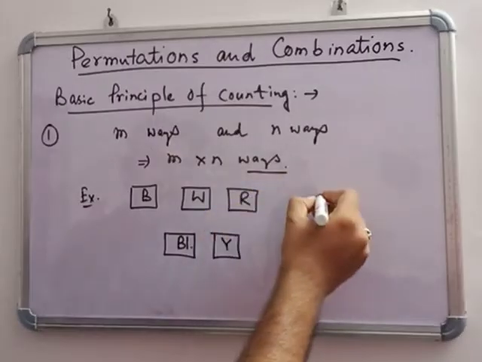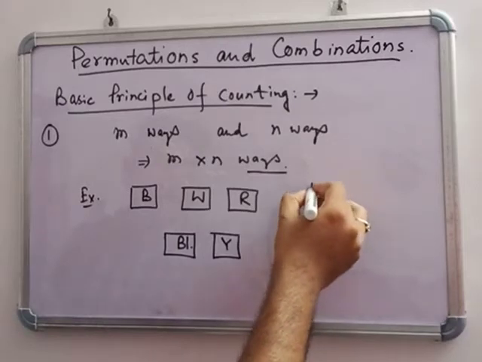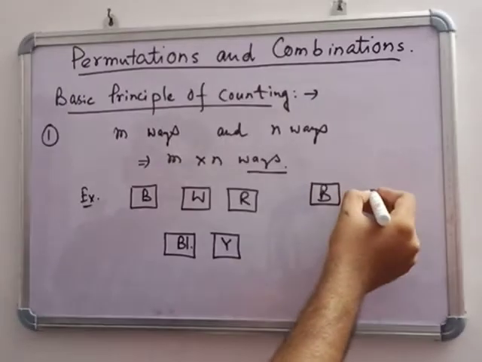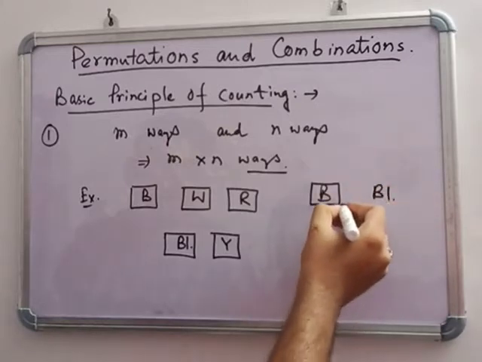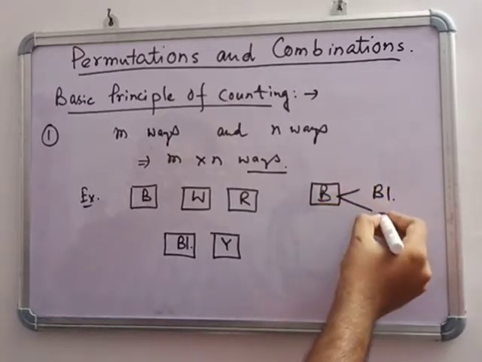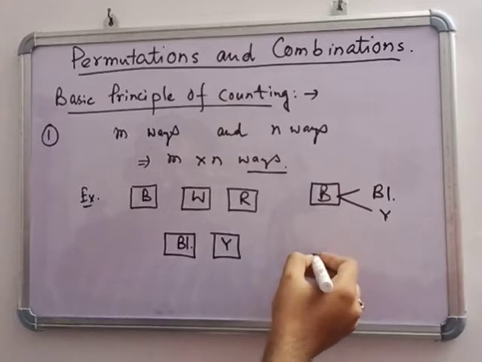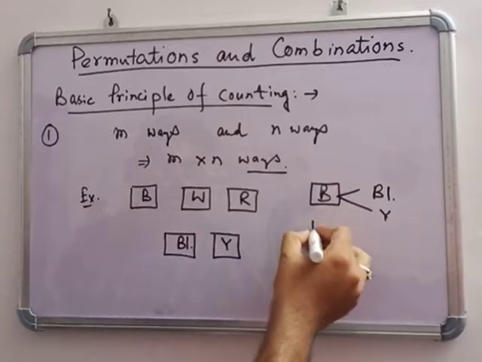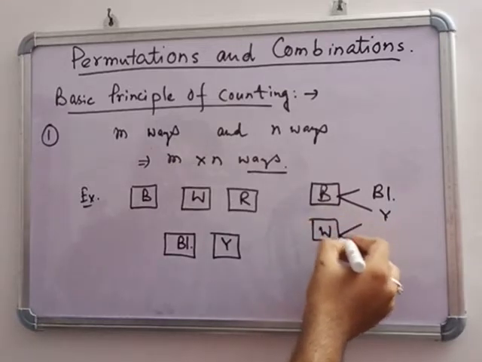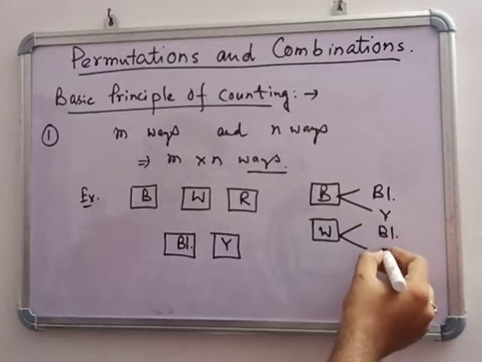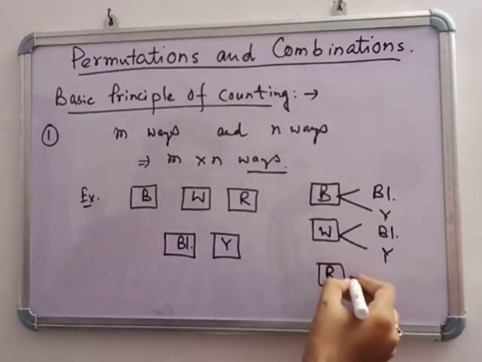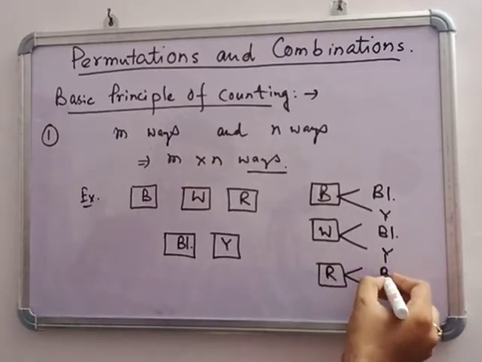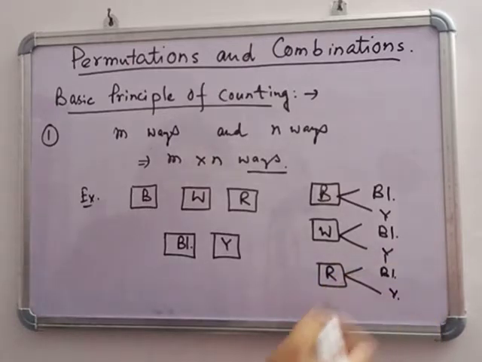Black bottle with blue pencil, also you can choose yellow. Similarly, white bottle with blue pencil or yellow pencil. Similarly, red bottle with blue pencil or yellow pencil. So how many ways are there?